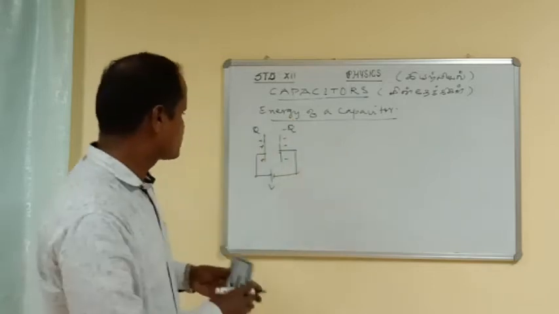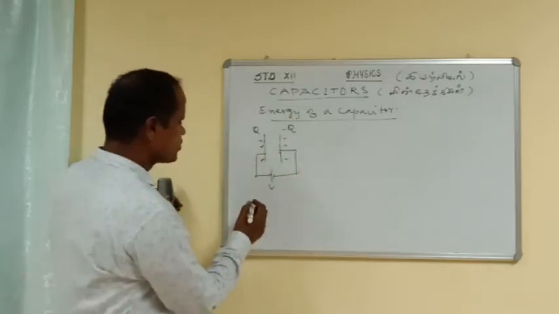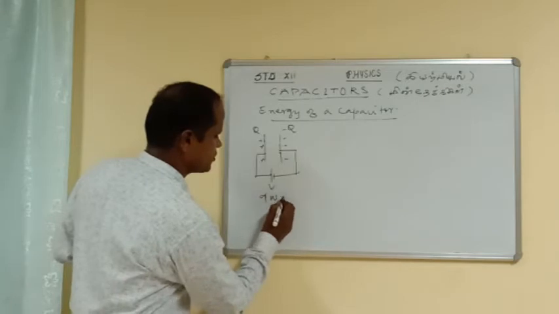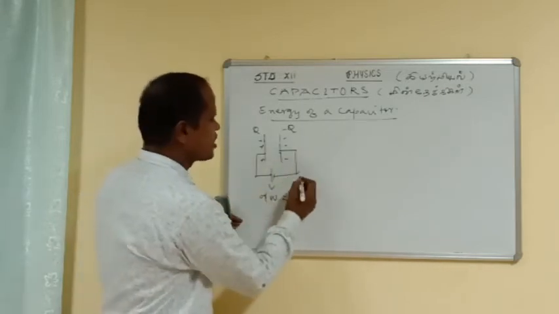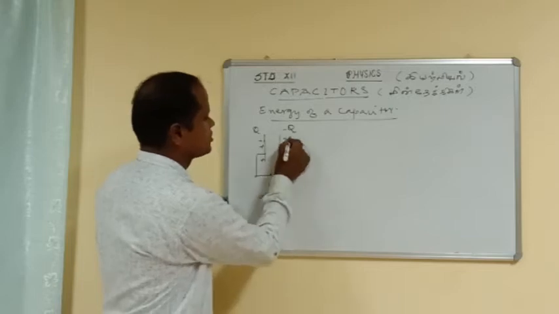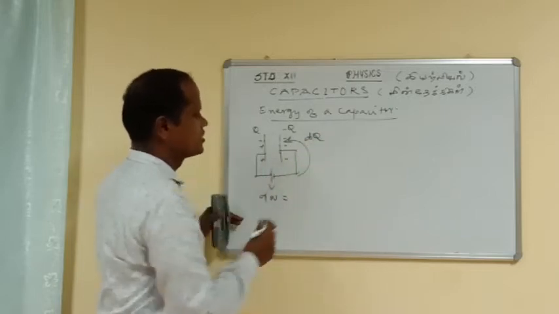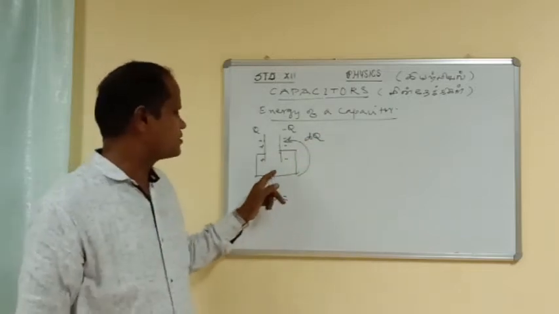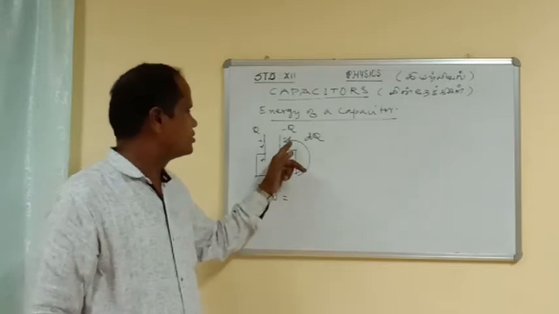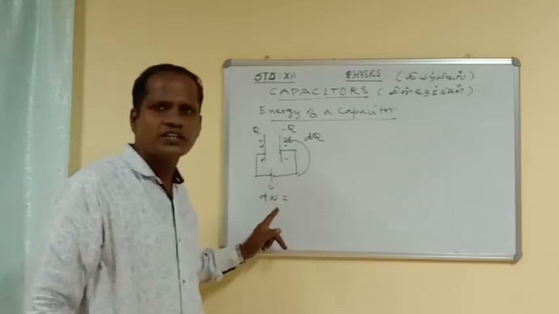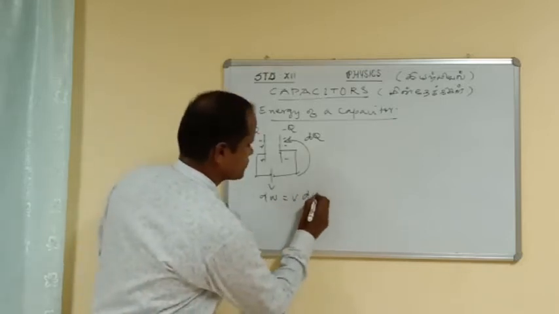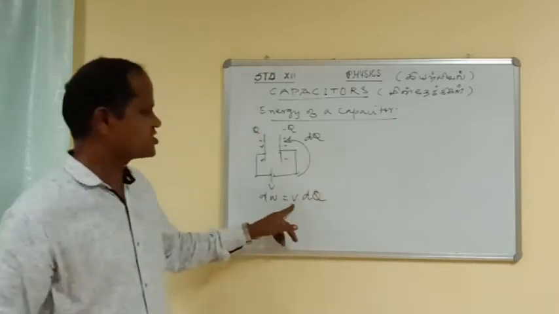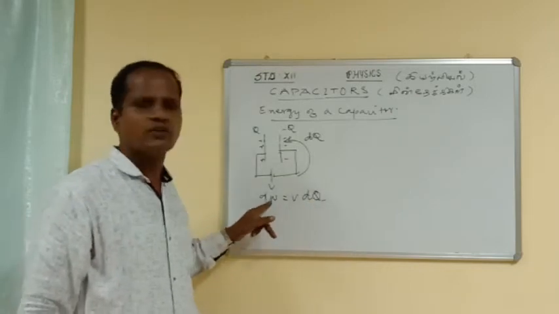Now, first we can see a small work done dW while charging the plate by a small charge dq. For example, dq is the charge supplied by the battery. Then the small work done dW is given by V into dq, so voltage into charge is equal to work done.